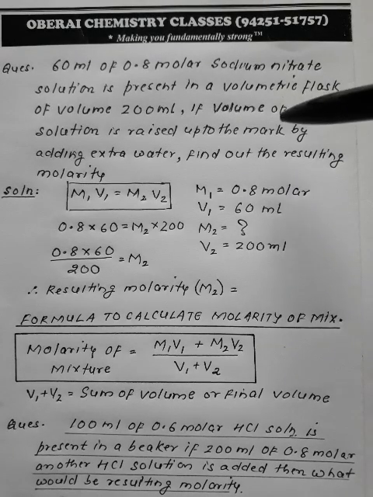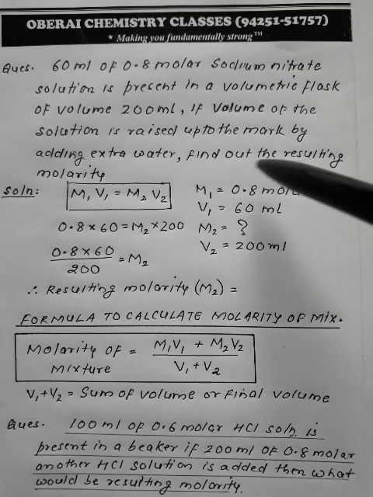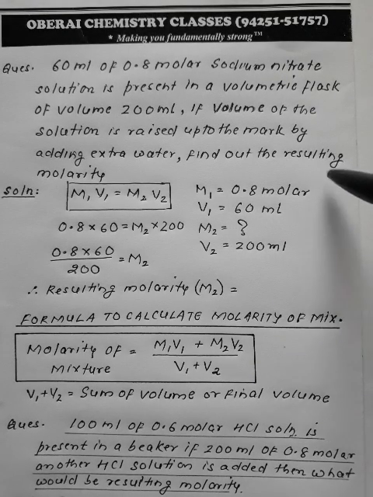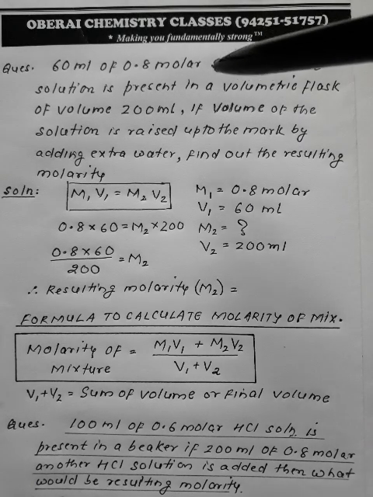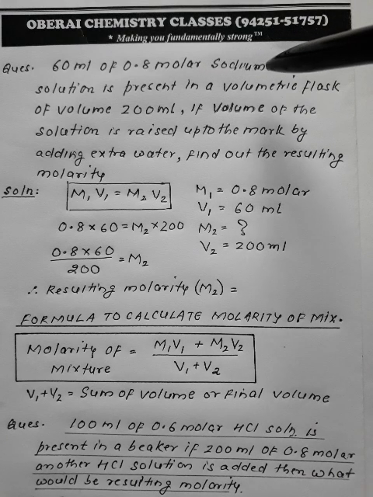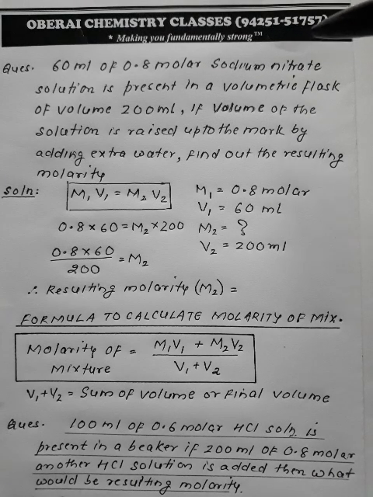If the volume of the solution is raised up to the mark, meaning 200 ml, by adding extra water, find out the molarity of the resulting solution, or the resultant molarity. Now this question needs to be solved.